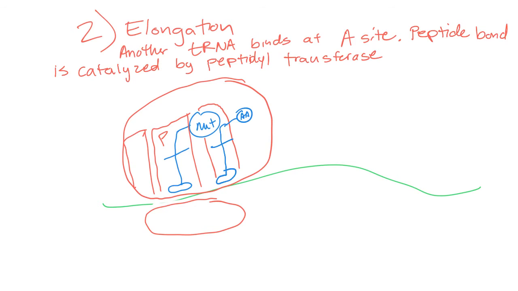And so now we get a peptide bond forming there. And now this tRNA in the P site is useless. It doesn't have an amino acid anymore. It needs to go find another one. And so in order to get rid of it, the ribosome needs to shift.